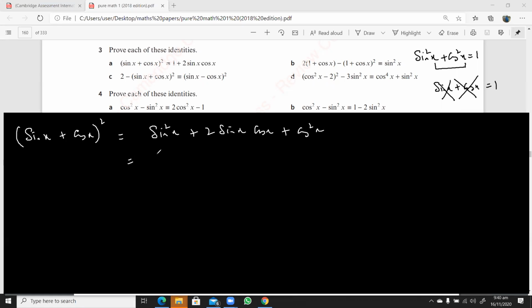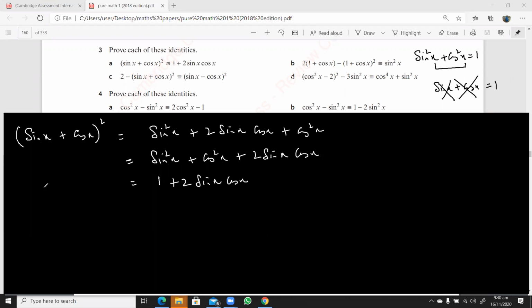If you just rearrange these terms, and again with your favorite identity, sine square x plus cos square x is 1, this becomes 1 plus 2 sine x cos x.